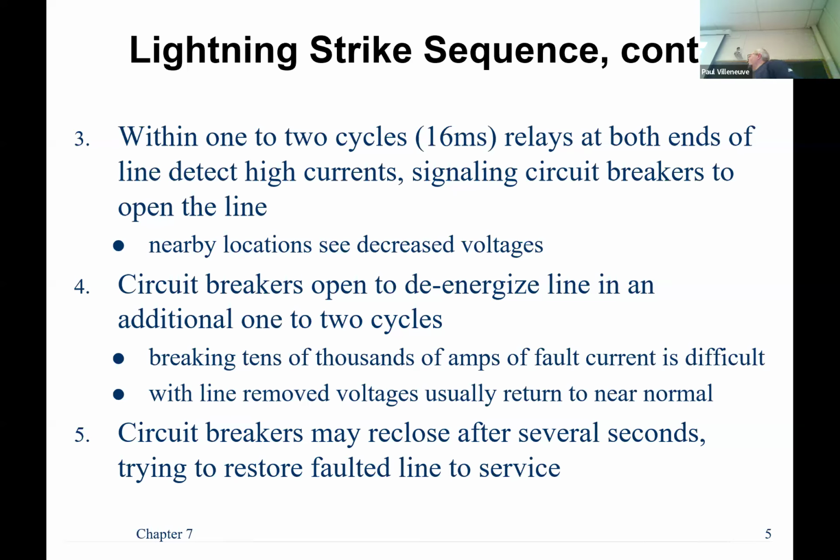So once the line is removed, the voltages go back to near normal. And if it's a lightning hit, and as long as the line is not damaged, one of the best things you can do is called auto restoration. I want to close those breakers back in if I can and keep the line running. Well, you don't actually know if the line is damaged until you do a reclose attempt.